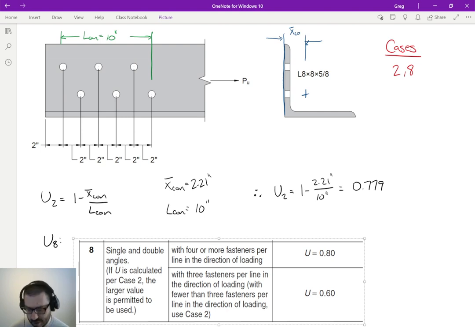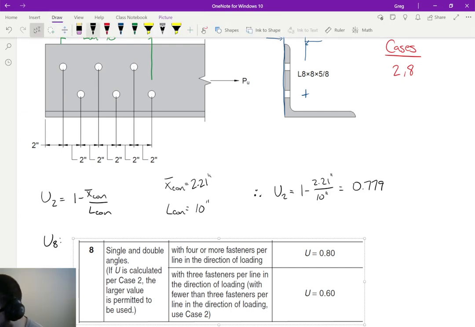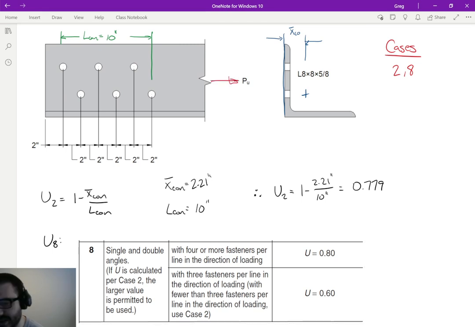Now, when we say per line, it means in the direction of loading. So if we are loading this way, then the line is this way. For this connection, we have 2 lines, and each line has 1, 2, 3 fasteners, and the lines are in the direction of loading. So we have 3 fasteners per line.